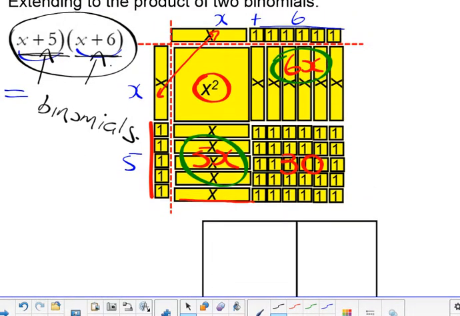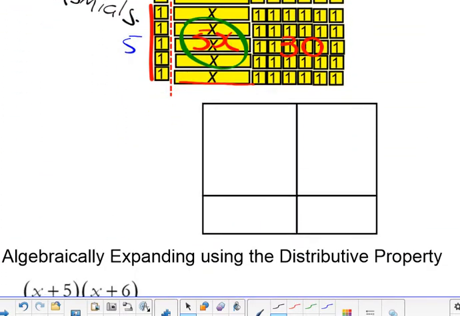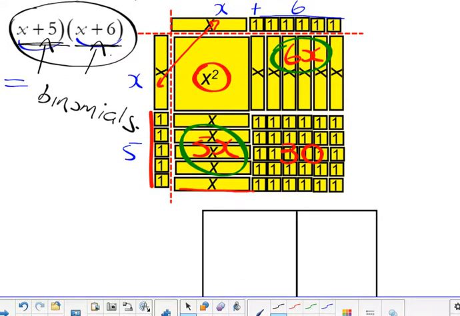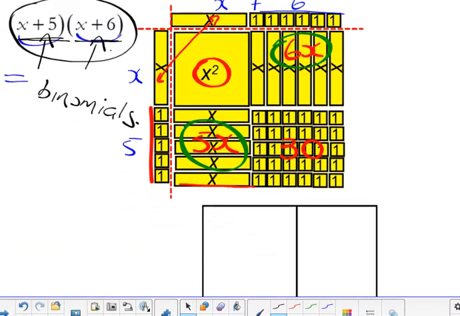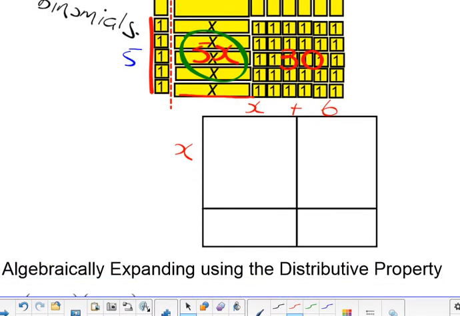Now, as before, the same thing that we did with our product of two numbers up there, we don't really need to think of it using the tiles like that. We could also just use a rectangle like this. So we could think of the x plus 6 as being across there, and then the x plus 5 down here.